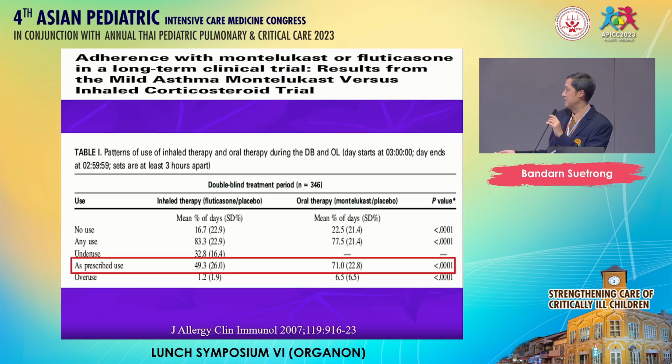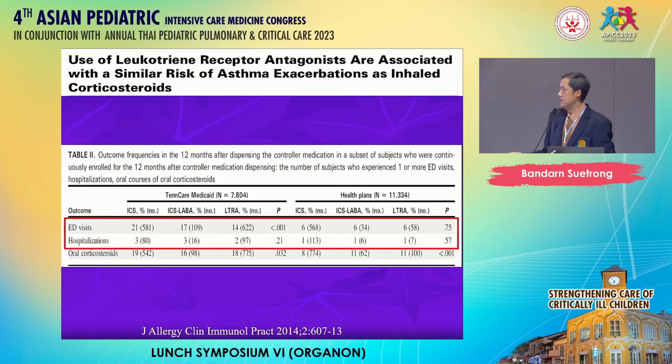Another study has the same result. Compliance with inhaled corticosteroid is less than 50%, and if we use oral medication, the compliance is over 70%. If we put it together to see the real-world effectiveness, this is a real-world effectiveness study in the U.S. Medicare and Medicaid, the health insurance programs in the United States.